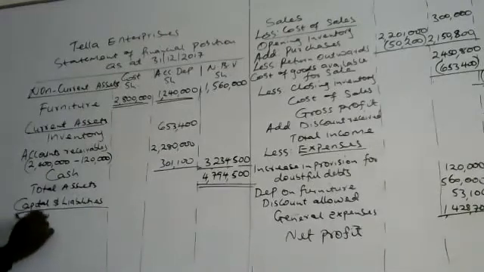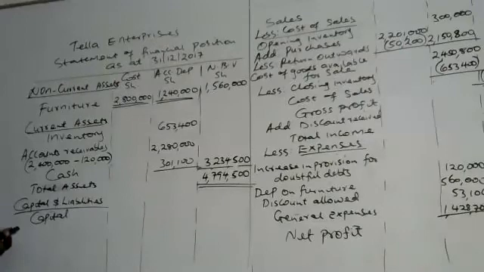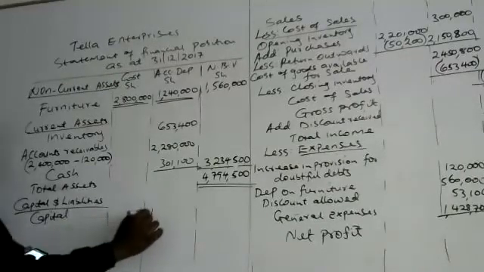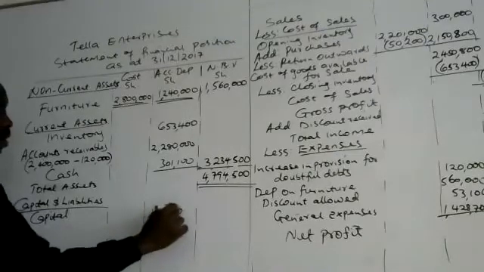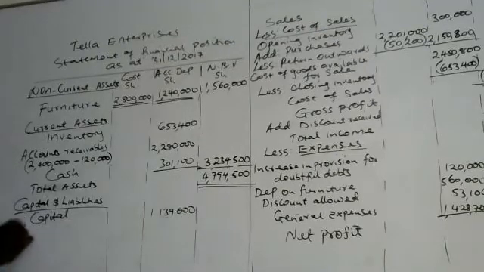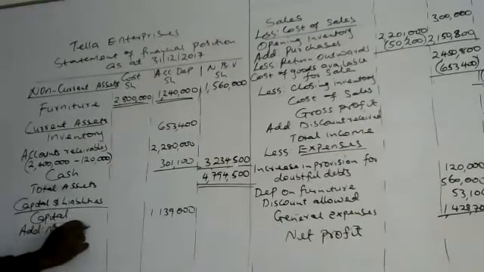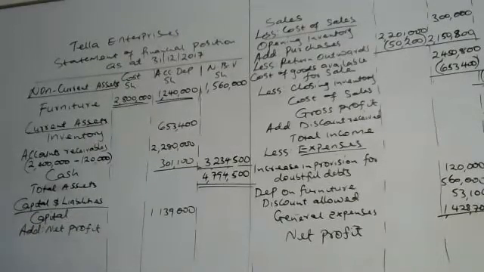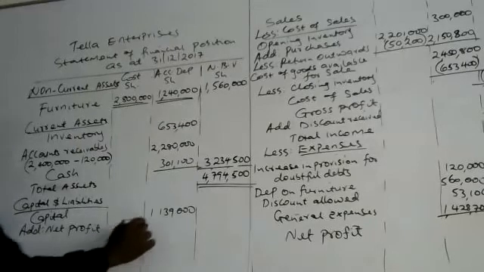Where we shall start with the capital. The capital for the business was 1,139,000. Then we add the net profit that we got from the income statement, 1,815,300.